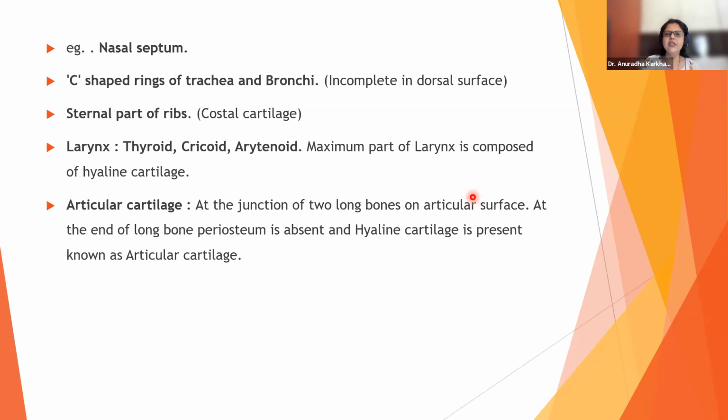Articular cartilage at the junction of two long bones. Junction of two long bones. We have got the articulating surface.